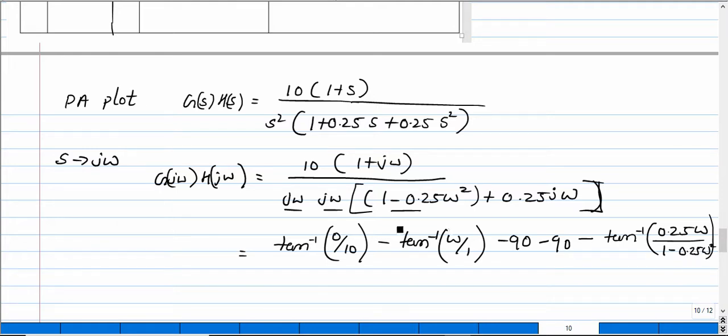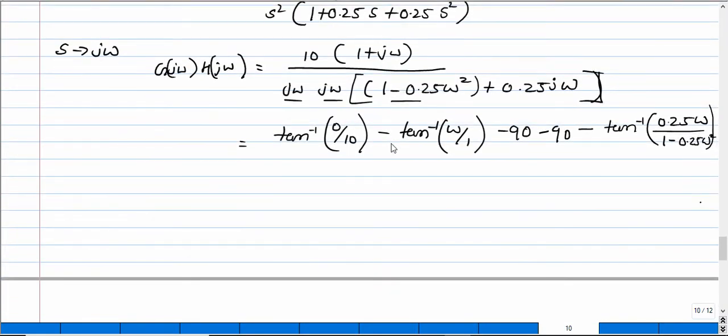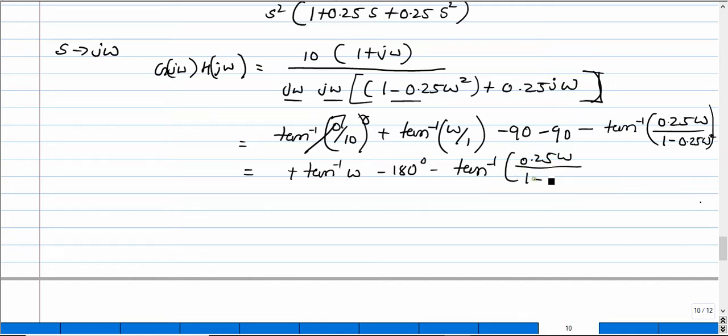Now we need to substitute the value of omega in the equation. So this angle will be 0 degree. Finally we have plus tan inverse of omega, followed with minus 180 degree, minus tan inverse of 0.25 omega by 1 minus 0.25 omega square. Okay, this will be the equation.